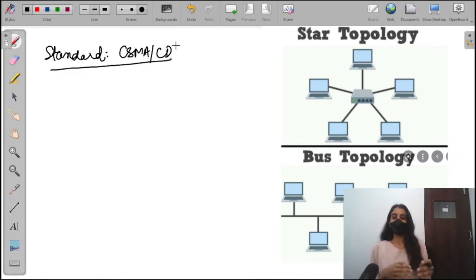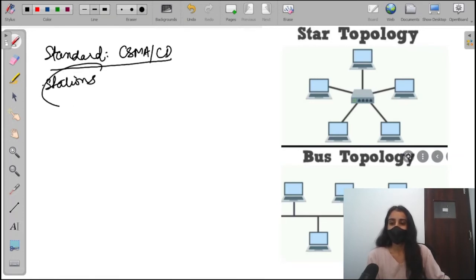Before learning about this protocol, let us first understand why we need it. In standard Ethernet, the stations are connected via a star topology or bus topology.